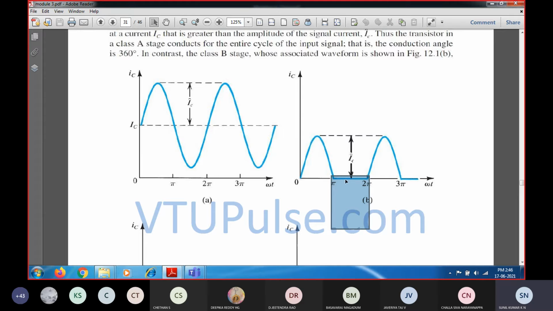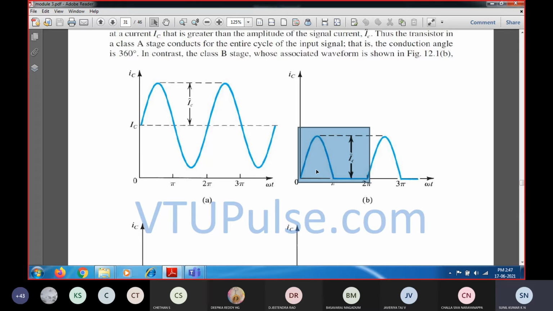So with two class B amplifiers biased in opposite directions, one amplifier provides the first half cycle and the other provides the other half. A single class B amplifier alone, for a given input cycle, gives only one half of the cycle.